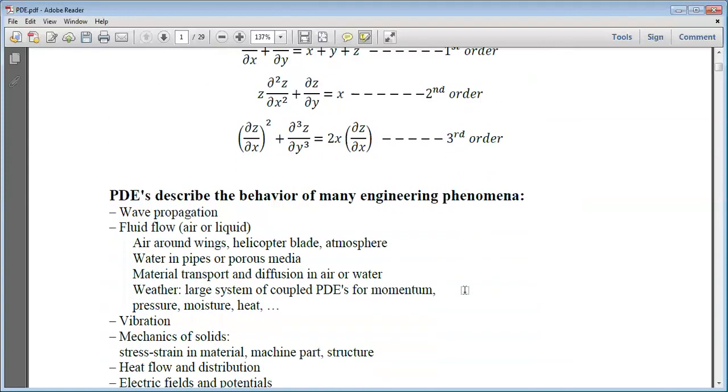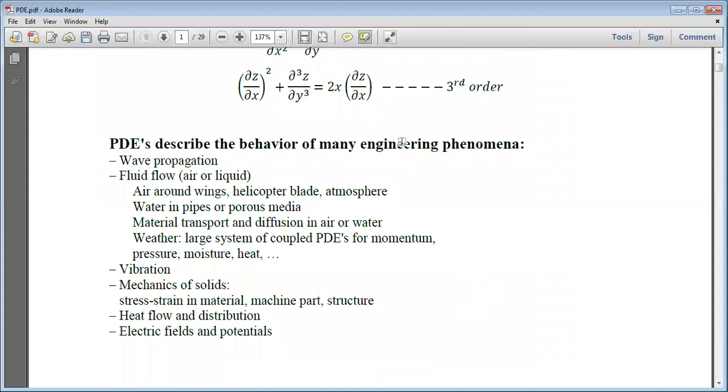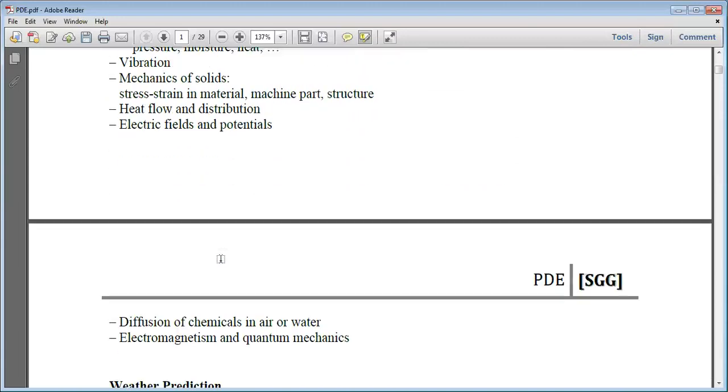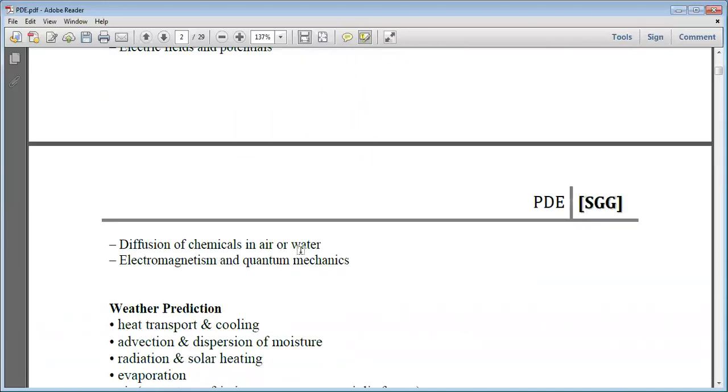Now let us see where partial differential equations are involved in our engineering field. You can find wide applications of partial differential equations in engineering: wave propagation, fluid flow, which may be air around wings, water in pipes, material transport, weather, which consists of a large system of coupled PDEs, vibration, mechanics of solids, stress and strain in materials, heat flow and distribution, electric field, magnetism, and diffusion of chemicals.